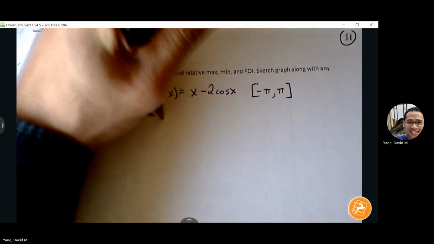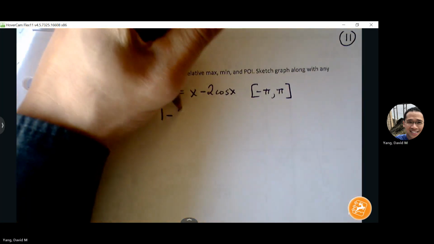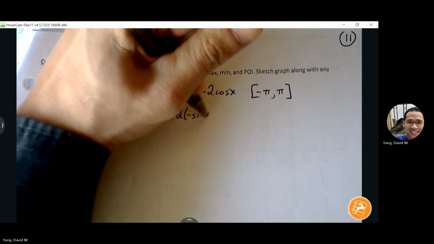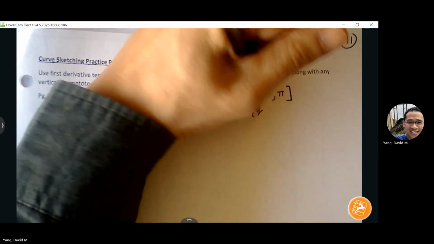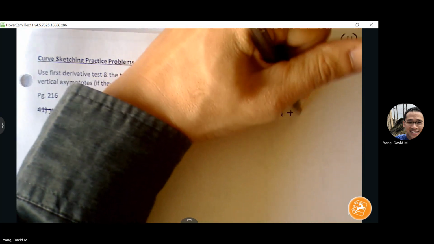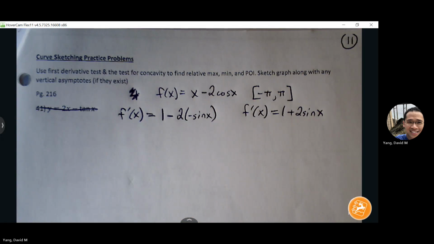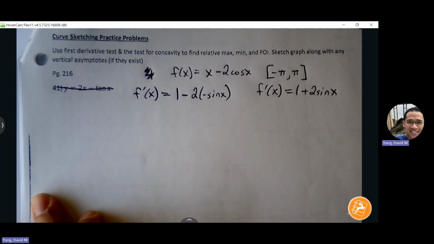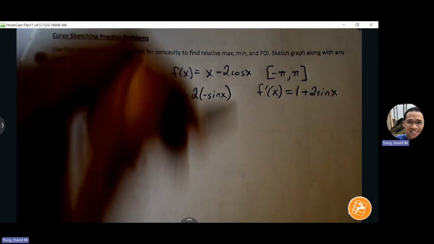X becomes 1, cosine becomes negative sine. Find critical points by setting f prime equal to 0.